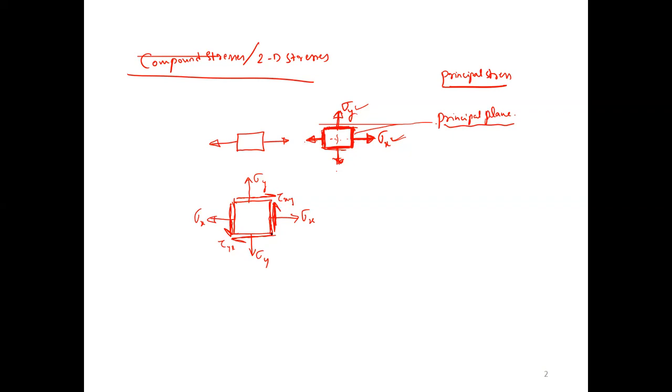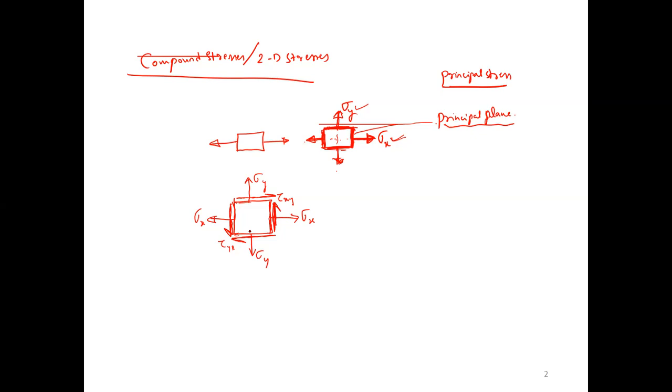For this, the principal plane is correct. But for this, shear forces exist. On this plane, tau xy is acting. On this plane, tau xy is acting. On this plane, tau yx is acting. On this plane, tau yx is acting. Then where can we expect the principal plane?